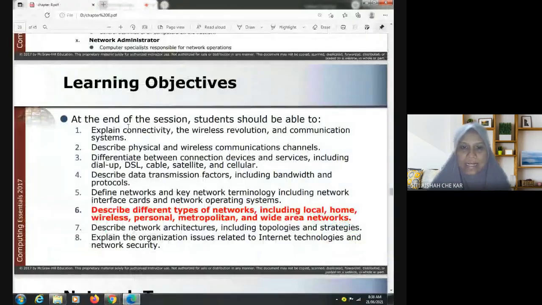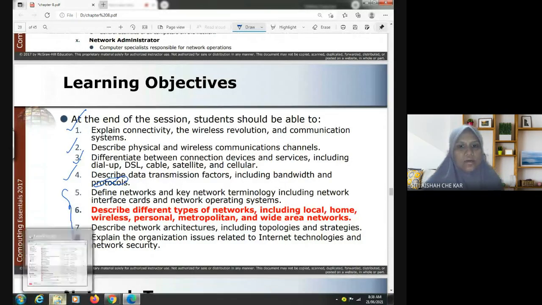Last class we already covered learning objectives 1, 2, 3 and 4. But for 4 we didn't discuss protocol, so kita akan masuk protocol, and the rest insyaAllah we try to cover in this class today.